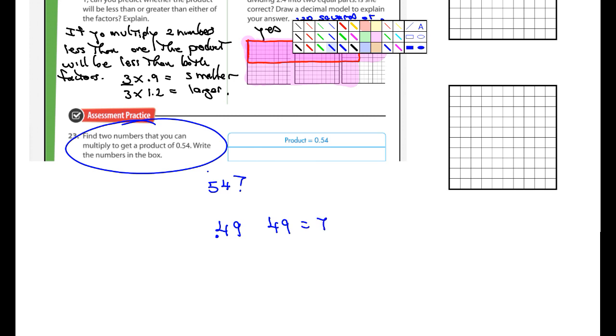It's 7 times 7. But it wouldn't be 7 times 7 because it's not 49, it's 0.49. So it would be 0.7 times 0.7. So what two numbers, and don't forget the decimal, would be a product of 0.54? So you'll put one number here, and then times another number here equals 0.54.